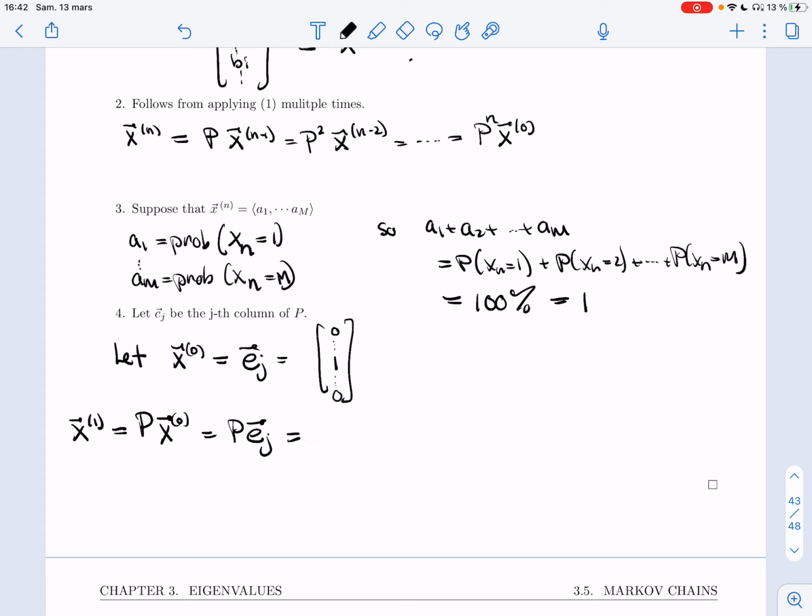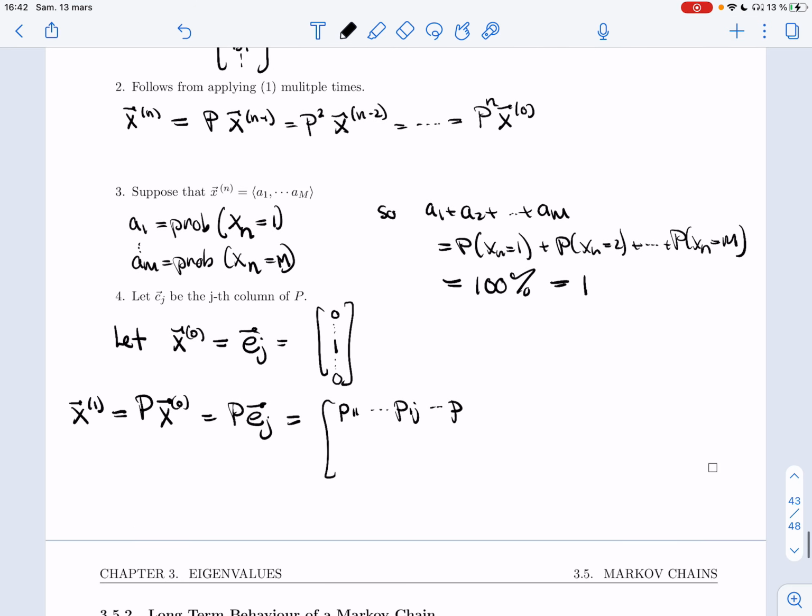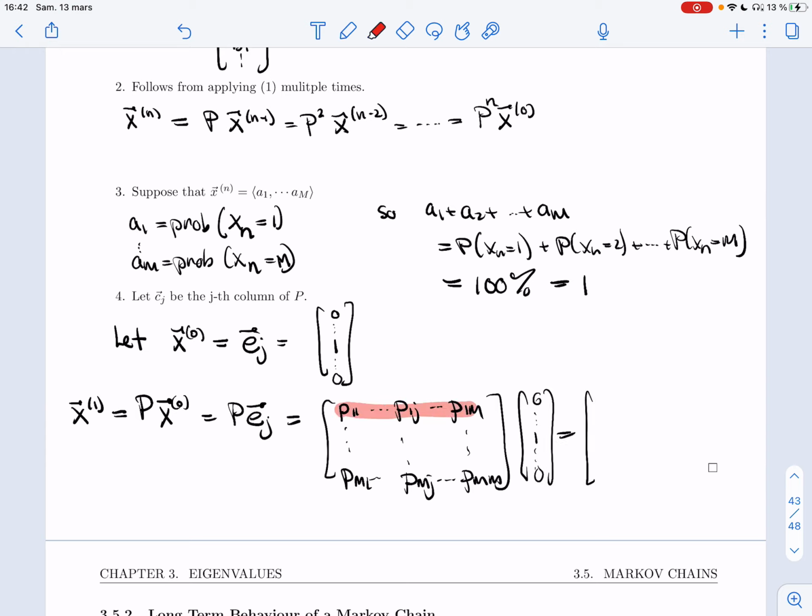And you remember we used recently that if you multiply a matrix by e_j, you get the jth column. So when I multiply these, with 0, 1, 0, I'm going to get P1j, up to Pmj.